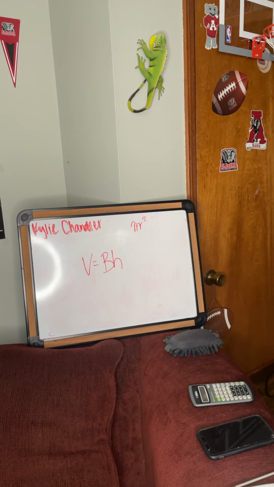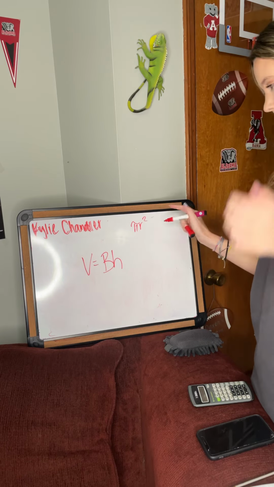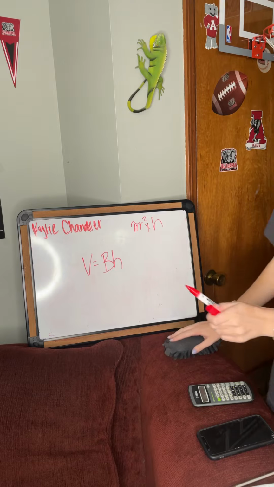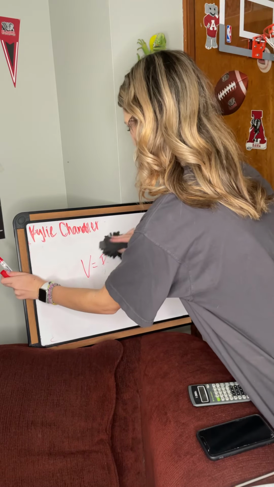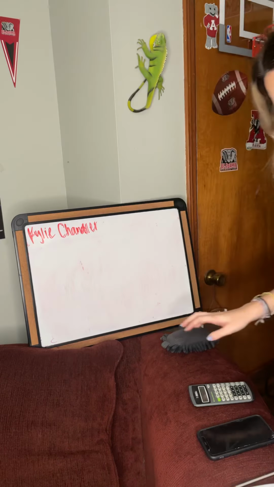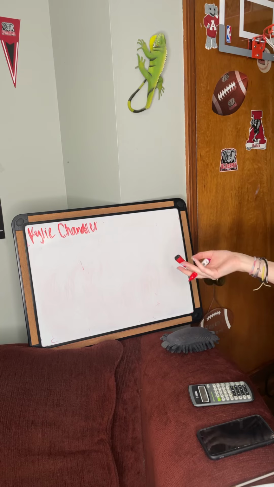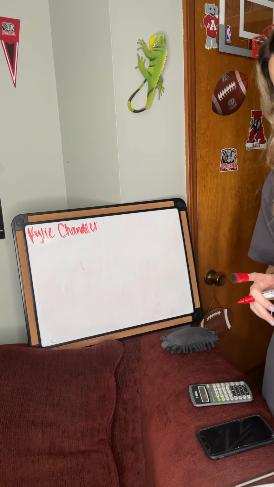So basically it's pi r squared times height, and that's the volume of a circular cylinder. You find pi times radius squared and then multiply that by the height.